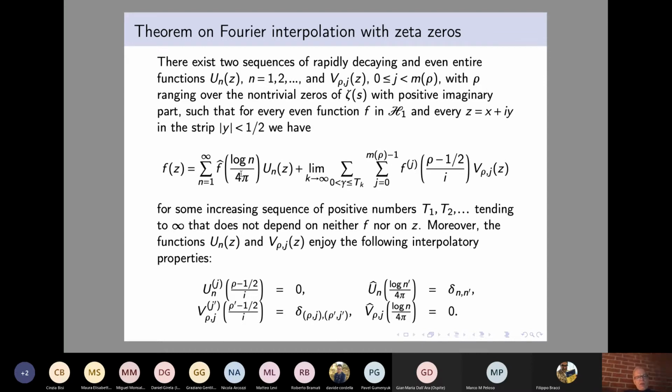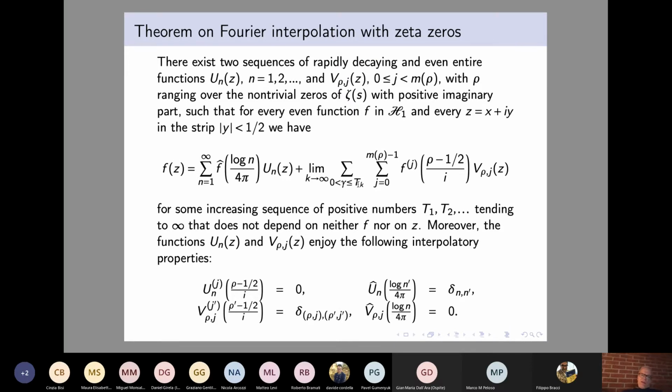The first term are the values of the Fourier transform at the points log n over 4 pi for all positive integers n from 1 to infinity. u_n of z is a sequence of nice rapidly decaying functions, and they are even and of course entire functions.